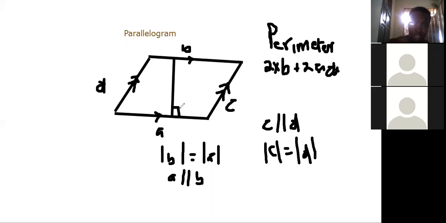So it means 2 times this base plus 2 times this side. It just basically means this plus this plus this plus this. But because this and this are equal, you say 2 times this plus 2 times this. Are we okay?